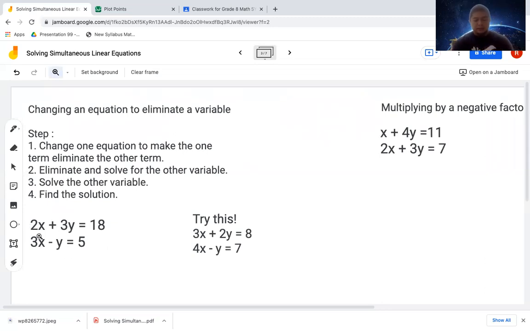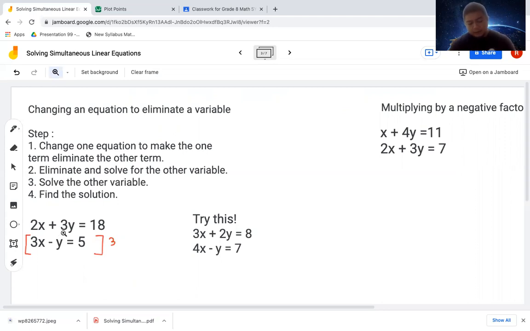So as you can see, guys, here, you will notice that if I multiply the second equation by 3, you will see that automatically that number can eliminate this particular value.